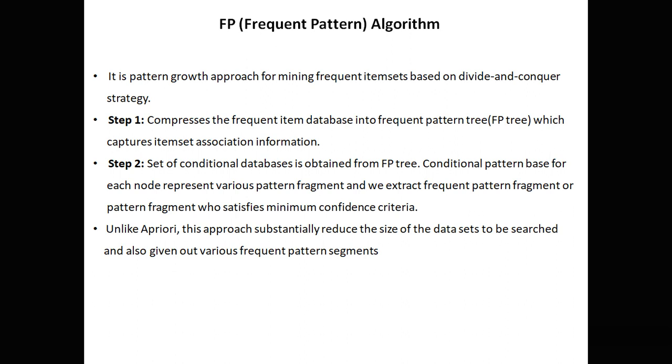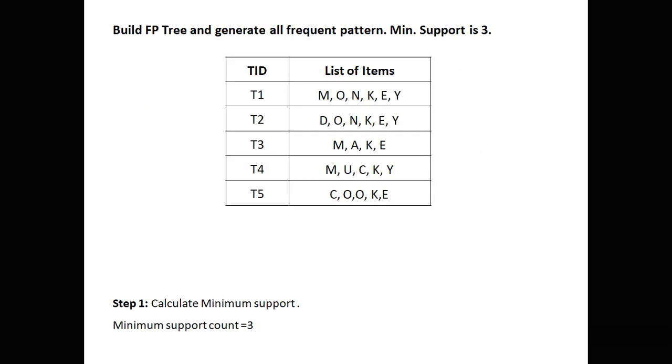The conditional pattern base for each node represents various pattern fragments, and we extract the frequent pattern fragments which satisfy the minimum confidence criteria. Unlike Apriori, this approach substantially reduces the size of the data set to be searched and also gives out various frequent pattern segments. Let us see the example.